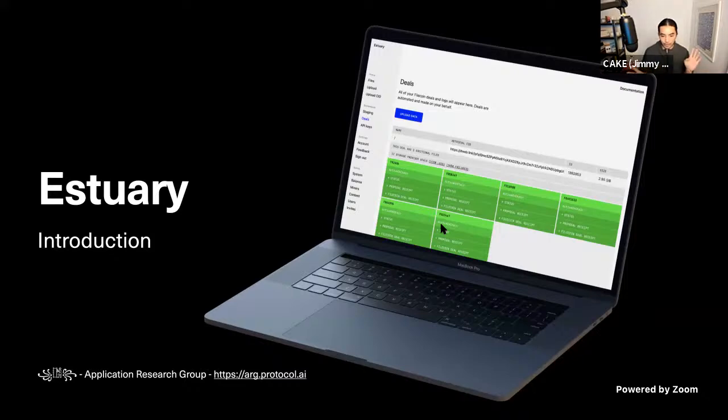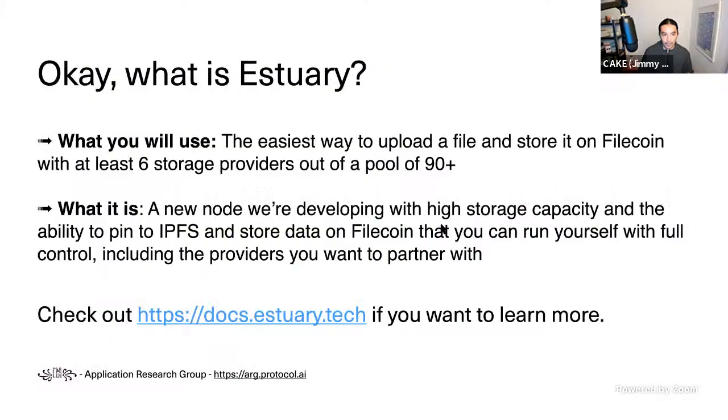So here is Estuary. Estuary is the easiest way to upload a file and store it on Filecoin with at least 6 storage providers out of a pool of 90 plus. It is a new node that we're developing with high storage capacity and the ability to pin to IPFS and store data on Filecoin, that you can run yourself with full control, including the providers you want to partner with.